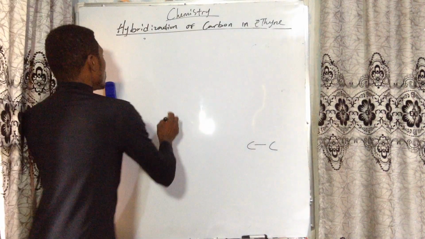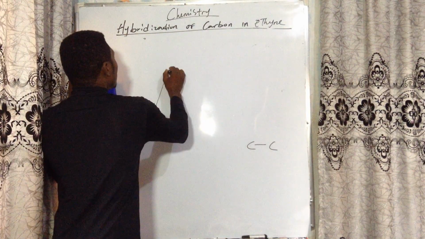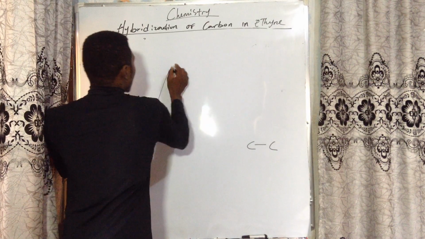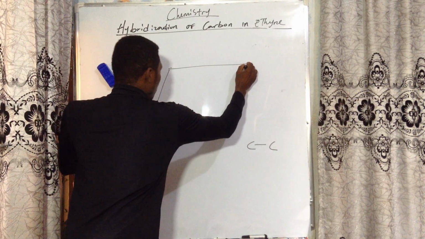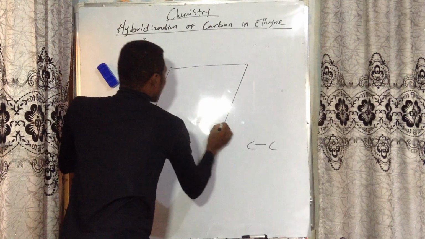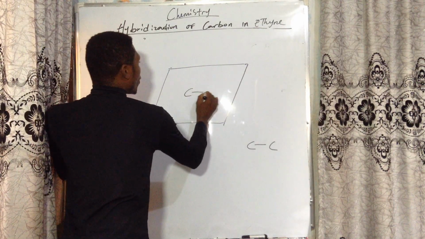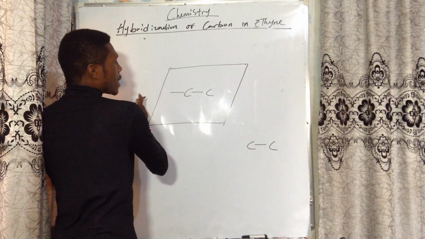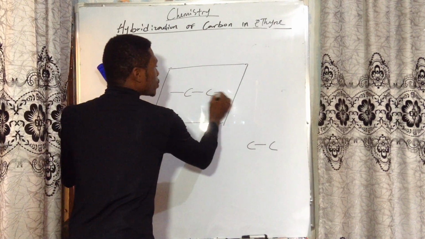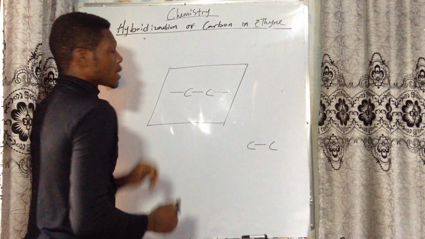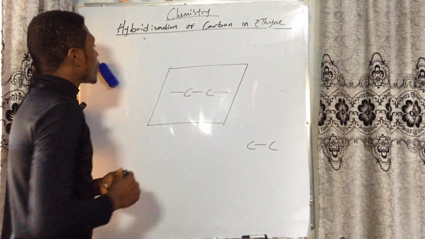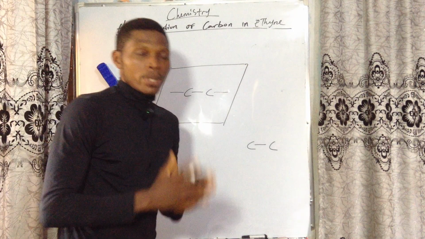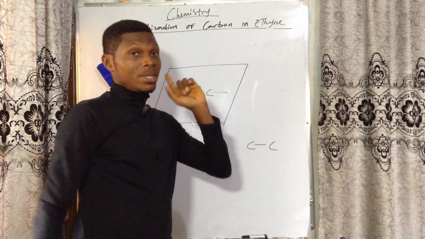Now let me give you a picture of that. This is the two-dimensional plane. This is the C to C bond, and this is the single covalent bond that the carbon will form with hydrogen. Remember, two unhybridized p orbitals remain, py and pz.